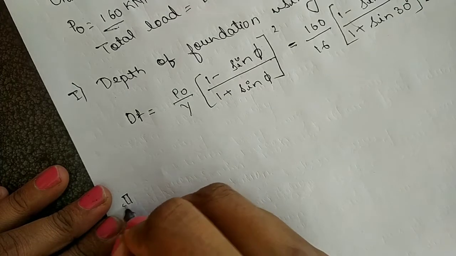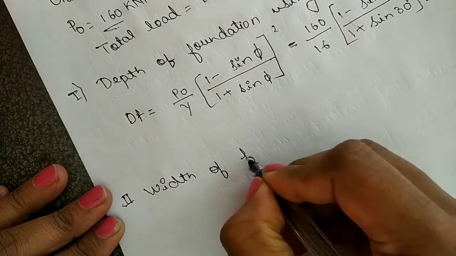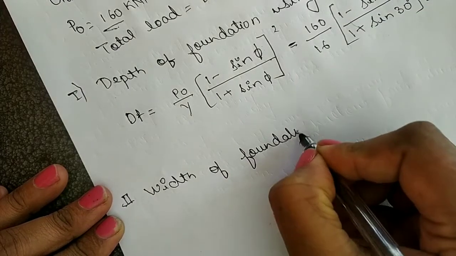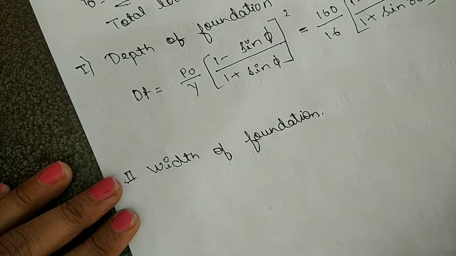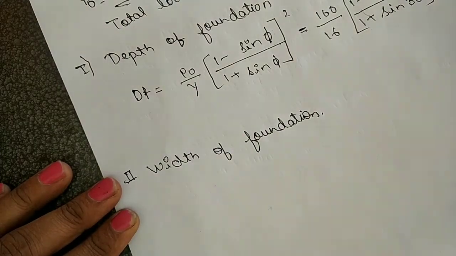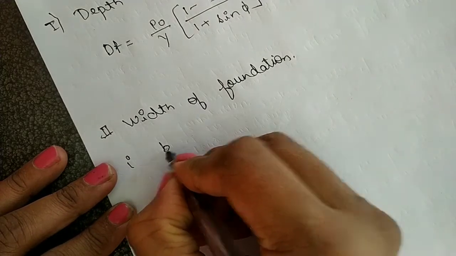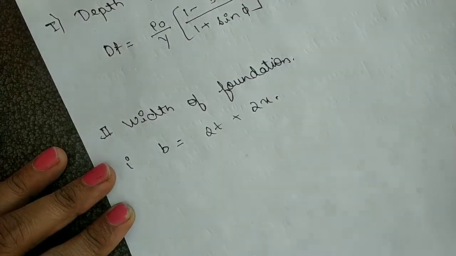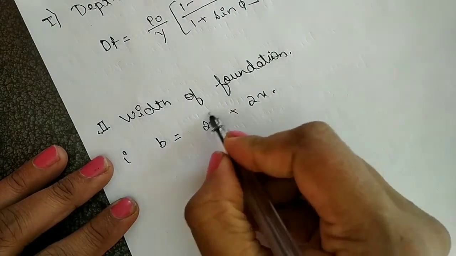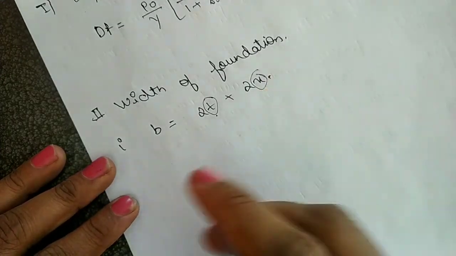Next we have to find the width of the foundation. To find the width of the foundation, there are two formulas. First, width is equal to 2t plus 2x, where t is the thickness and x is the projection.